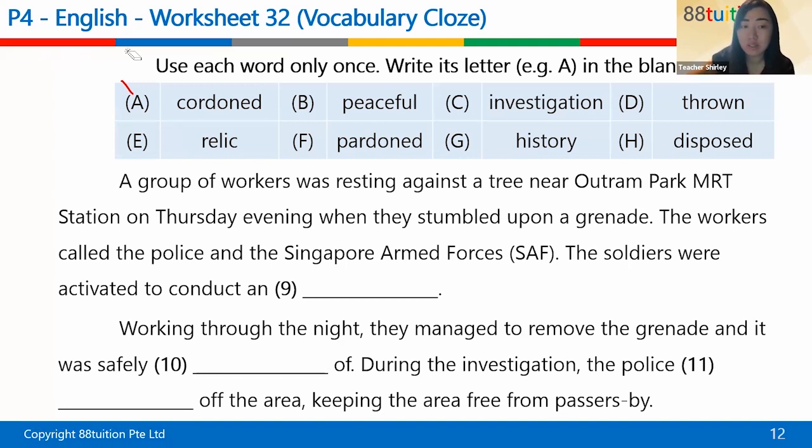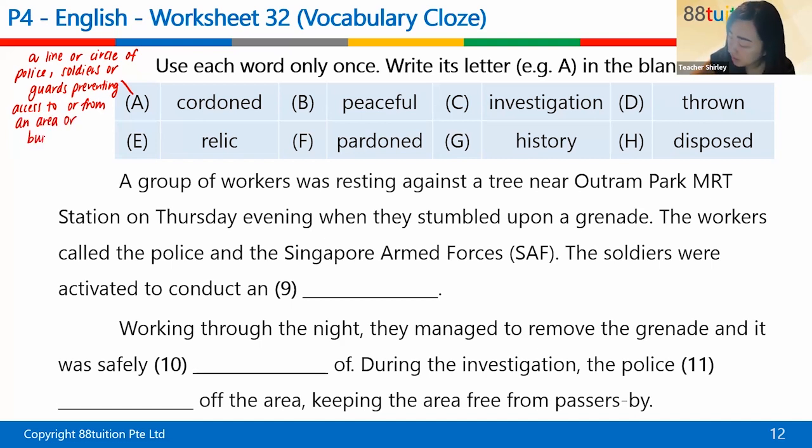I'll write the meaning down. If you want to copy, you may, but like I said, the notes will be shared with you anyway. A line or circle of police, it can be soldiers or guards, preventing access to or from an area or building.